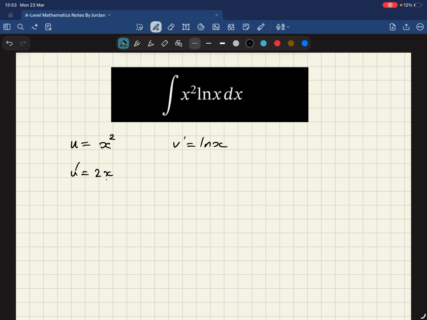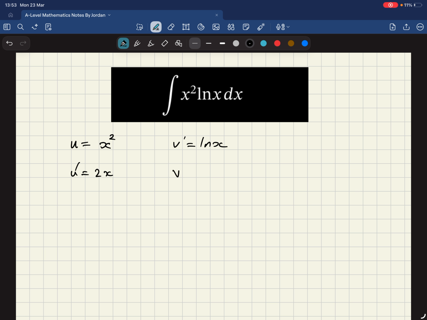But then again, imagine I'd end up with that in my second integral. Not quite sure what's happened with the pen here. There we go, sorry about that.